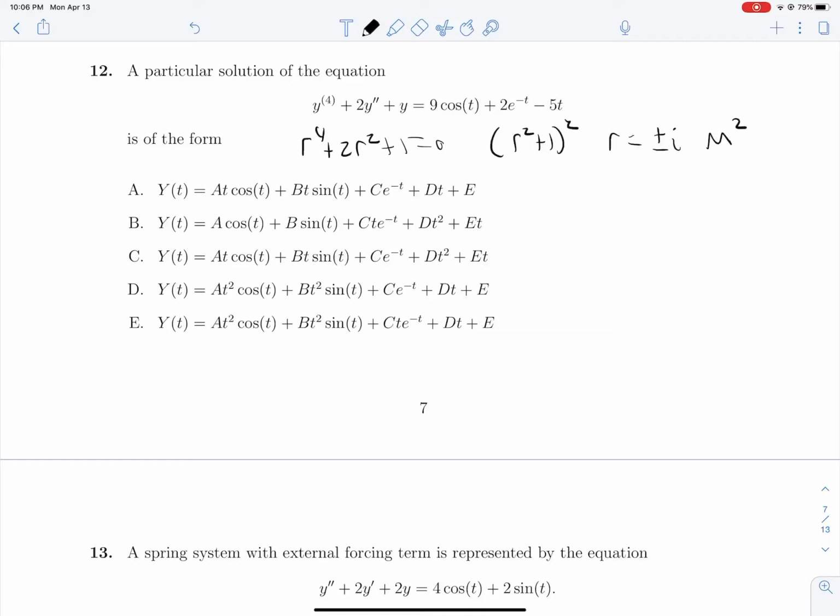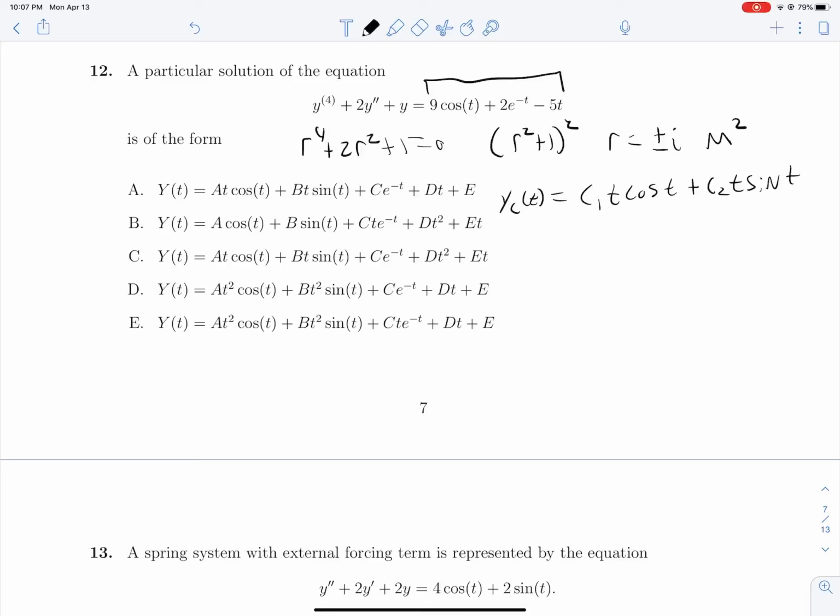As a result, our solution will take the form C1 t cosine t plus C2 t sine t. And those t's are appearing because, remember, we have to multiply everything by t when we have a multiplicity of anything greater than 1.